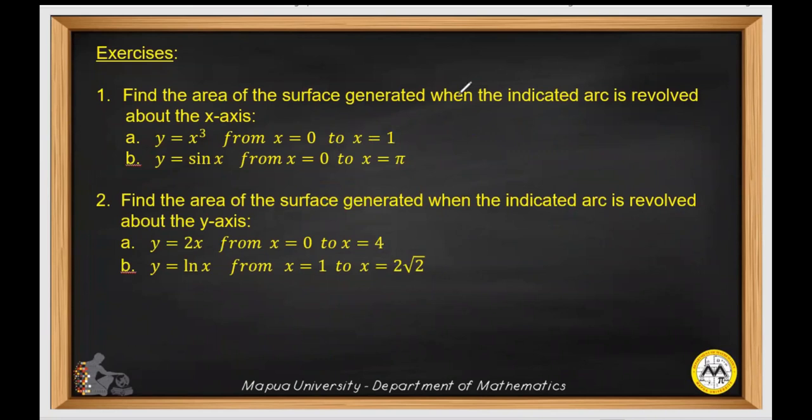Find the area of surface of revolution when revolved about the x-axis. Please take note that when the arc is revolved about the x-axis, the distance of the differential of the arc from the x-axis is y. And when the axis of revolution is the y-axis, the distance from the axis of revolution is x.